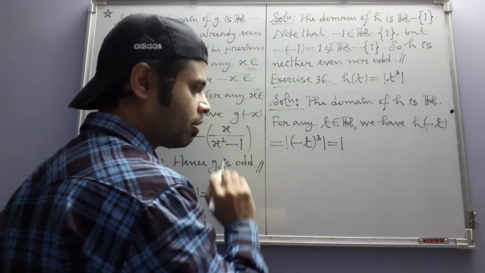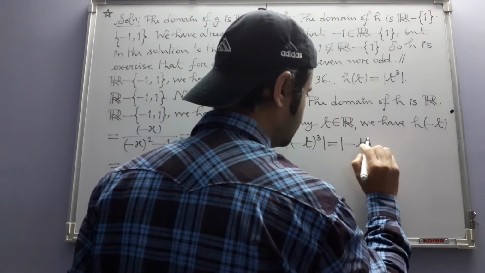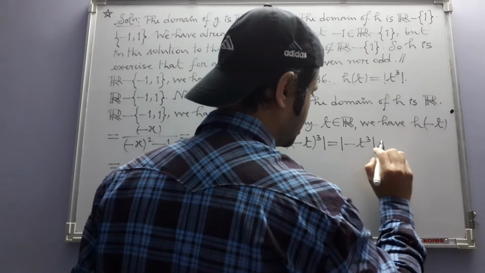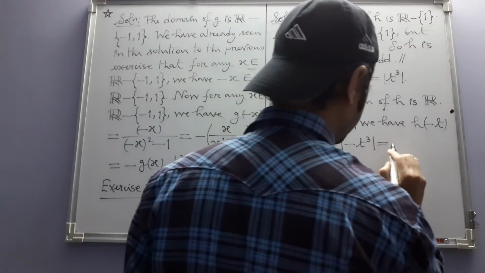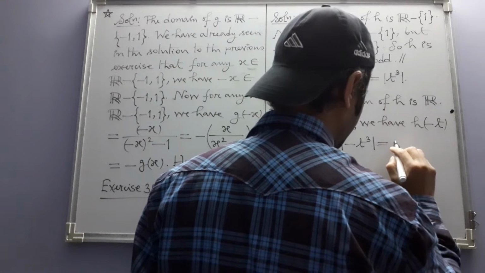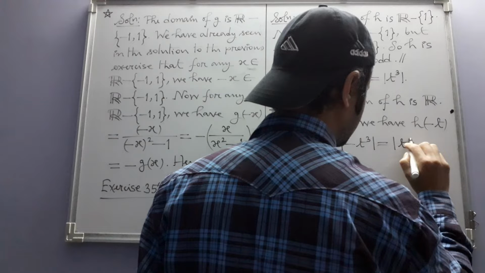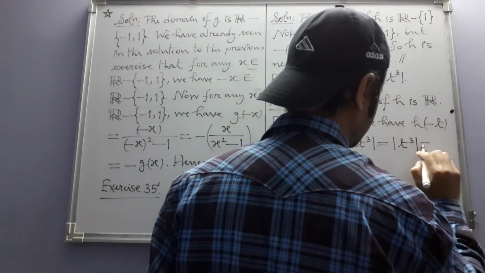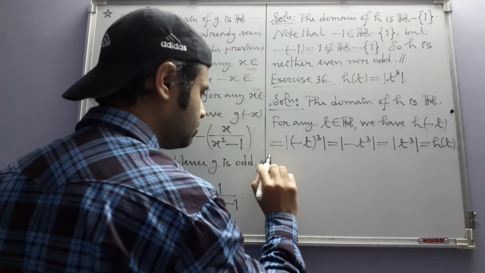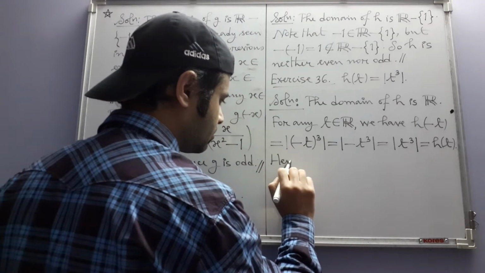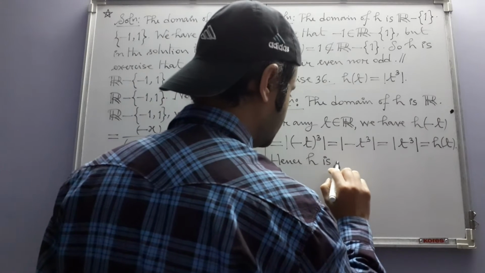Because of odd exponent, we do have minus t cube, but because of the presence of the modulus function, absolute value function, mod minus t cube is equal to mod t cube, which is h of t. Hence h is even.